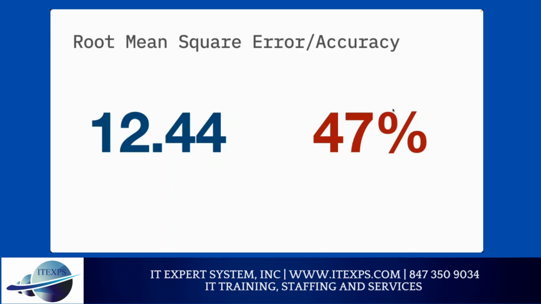This root mean square error would be the error in which a prediction may be wrong. So that 12.44 means points. So essentially that means that my model error is 3 scores. To get 12 points, you need 3 scores in football. So that's not very accurate.